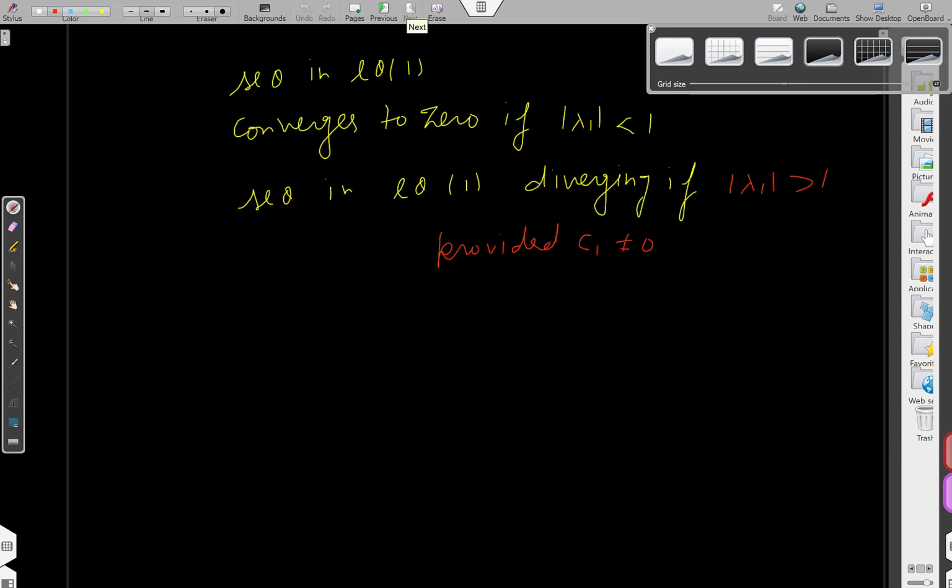So to take care of these things, we scale the power of A^k x.